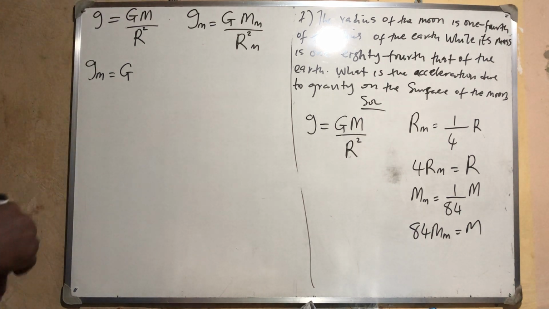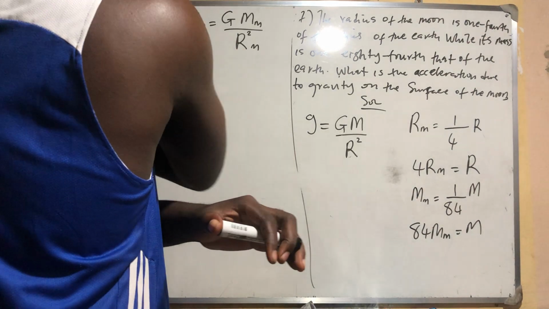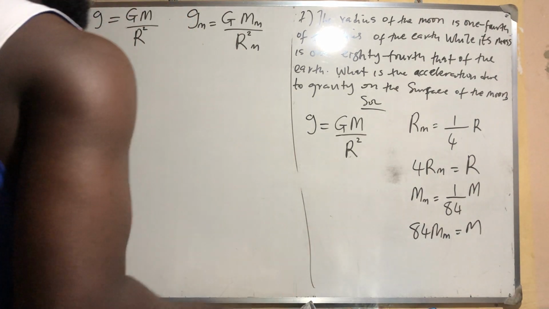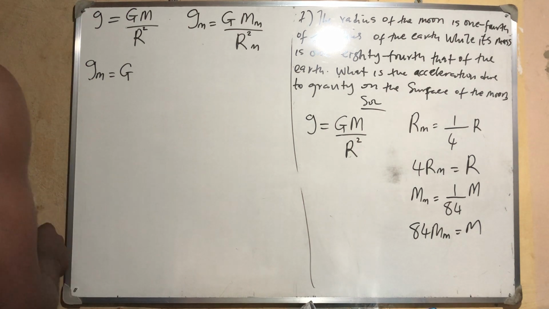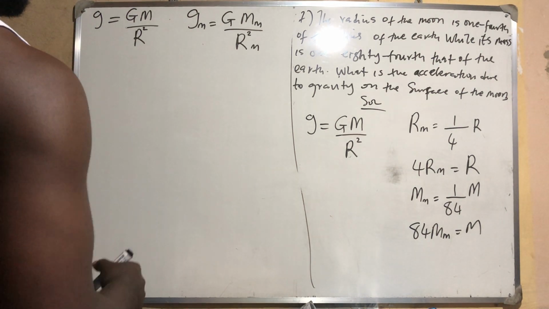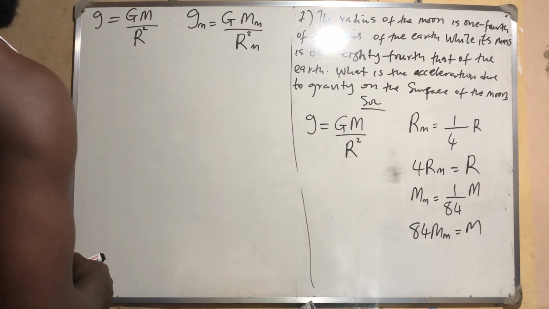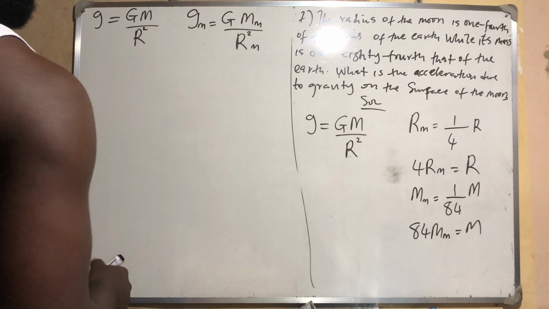I want to make it in a way that I will not put any value, and then I'll get my answer. So what am I calculating now?